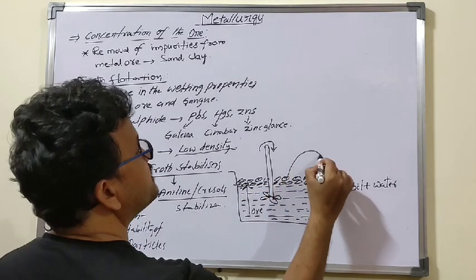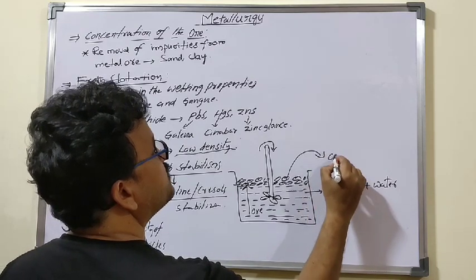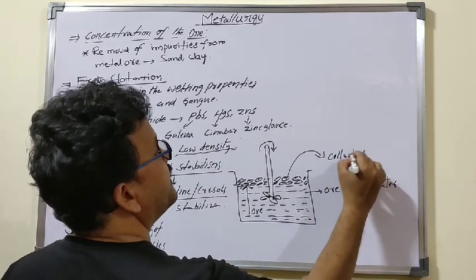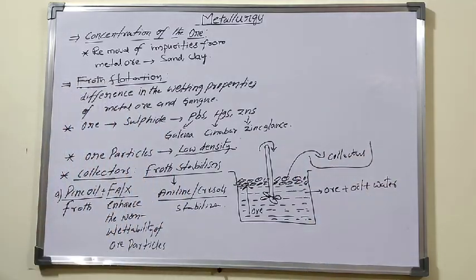This froth is collected into another vessel, then dried out, and recovery of concentrated ore is done. This is the method we have in froth flotation.